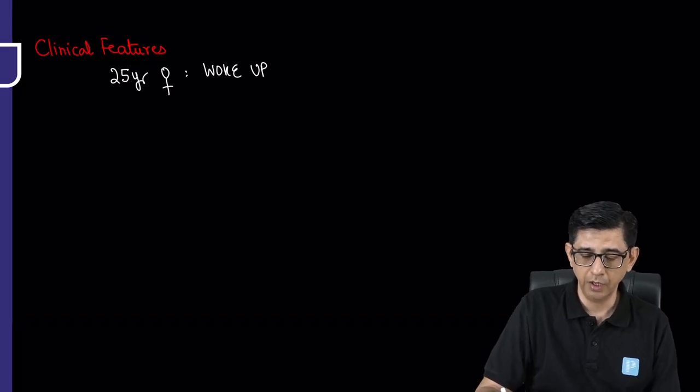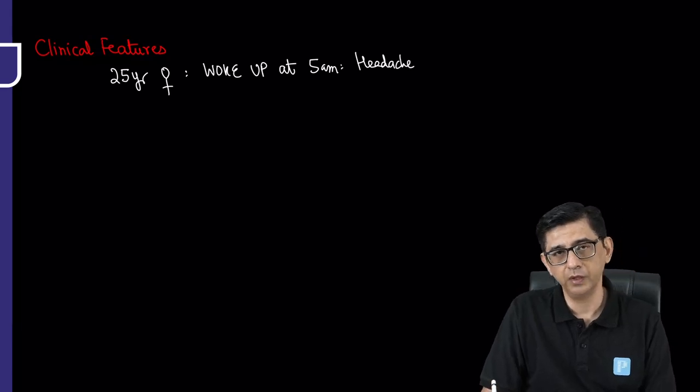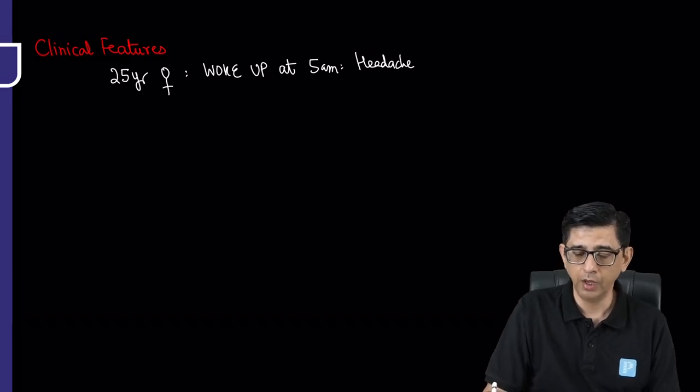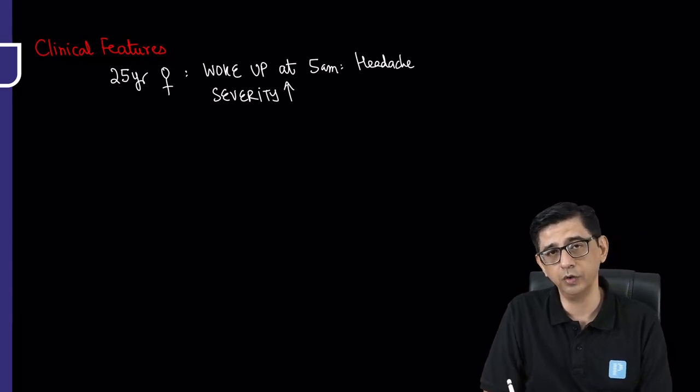So a 25-year-old lady woke up at 5 a.m. with an excruciating headache, and she says I took a painkiller and waited for it to take effect and the severity of the headache to reduce. But to her dismay, the severity of the headache had worsened by 7 a.m. that I was compelled to take a second tablet of a painkiller.